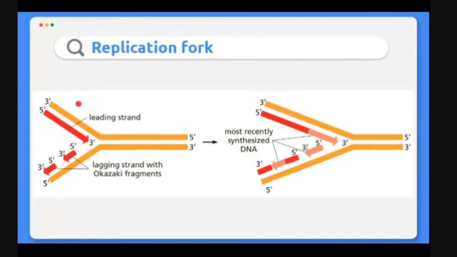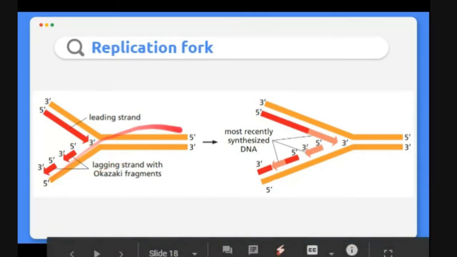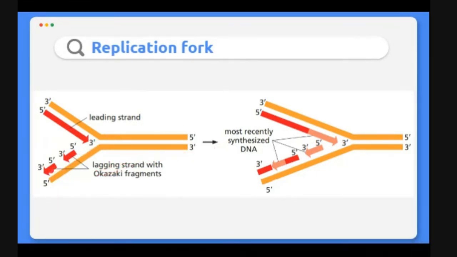Now, therefore, yung magagawa mong new strand, yung isa, continuous from 5' to 3' kasi yung template niya, 3' to 5', and yung ginagawa niya ay complementary doon sa parent template DNA. Okay? Now, yung isa mo na anti-parallel, 5' to 3'. And yung gagawin mong DNA, new DNA ay complementary, right?